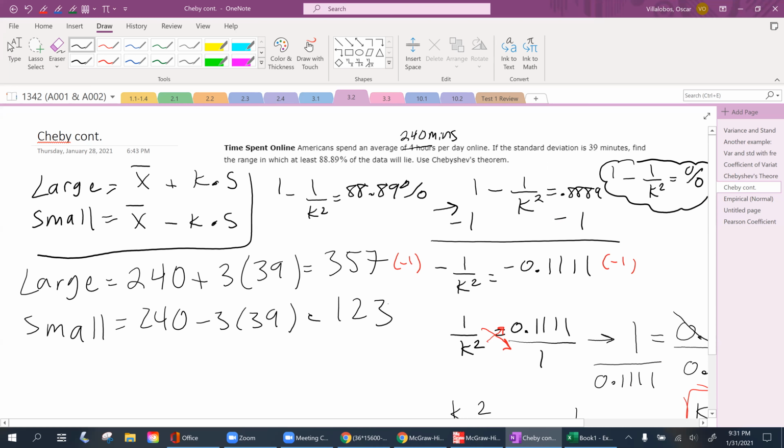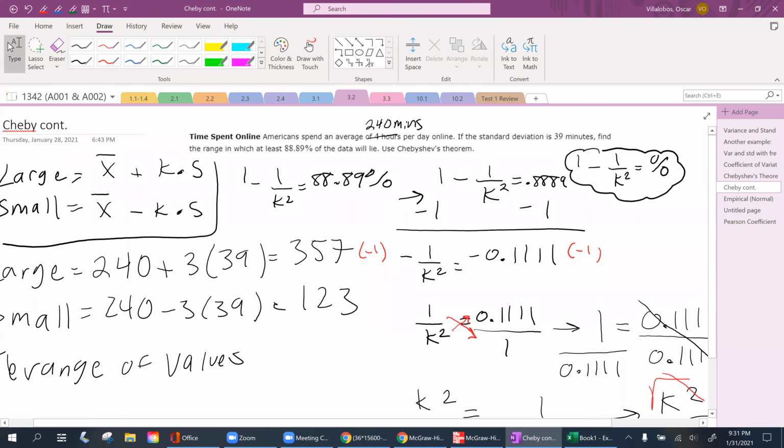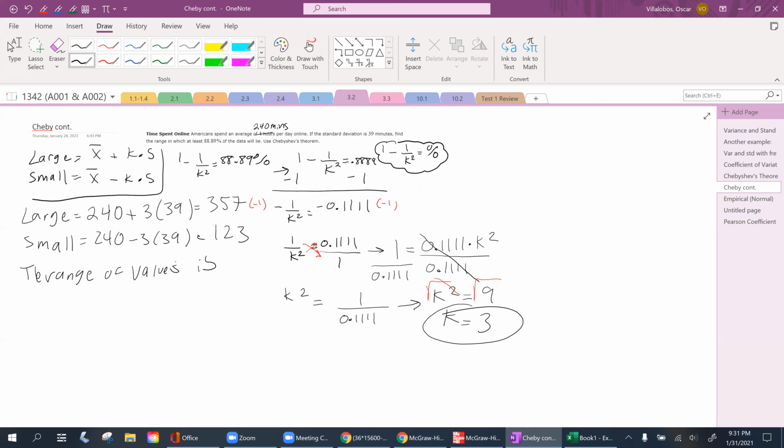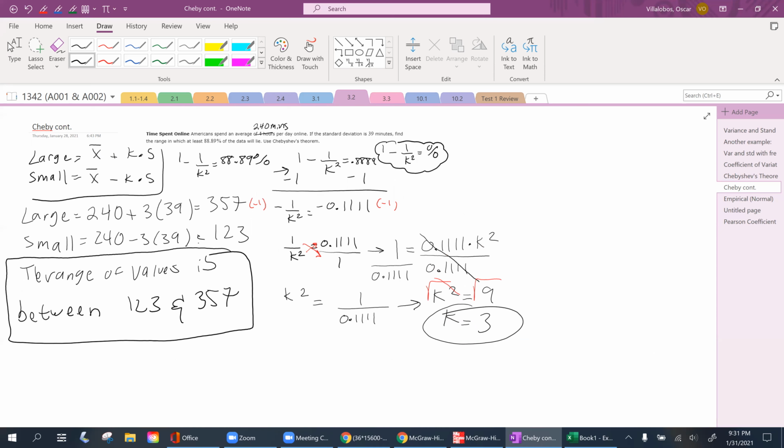So that means that the range of values is between 123 and 357, and that would be my final answer. So this is the other Chebyshev's theorem question you may be asked.